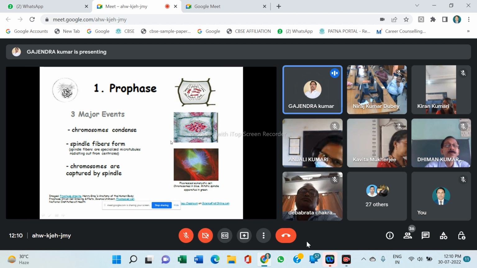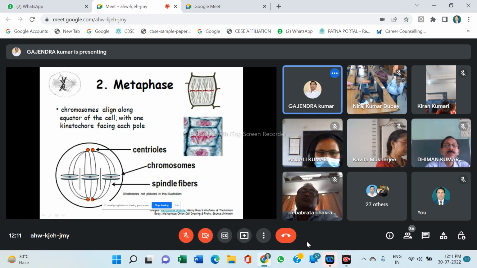Means these things are being formed. At the end of the prophase, the nuclear membrane will disintegrate, nucleolus will disintegrate, and mitotic fiber will start forming.